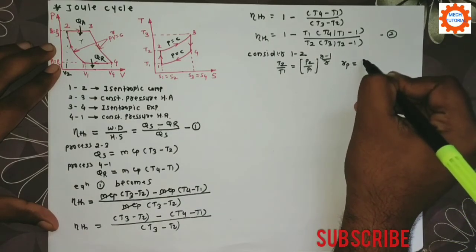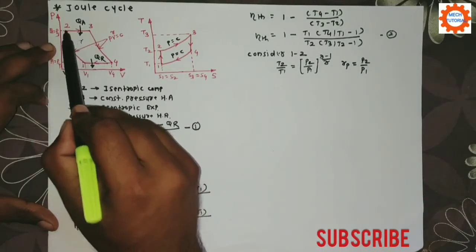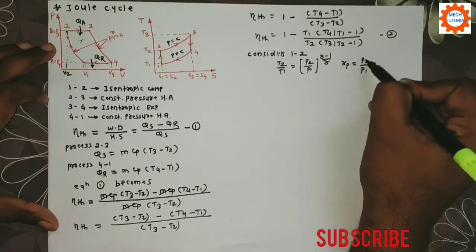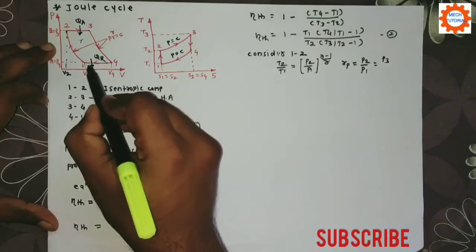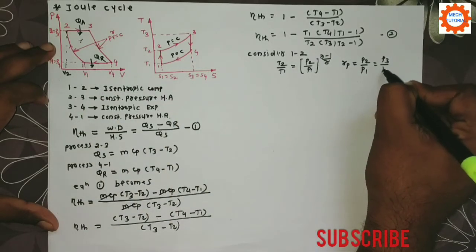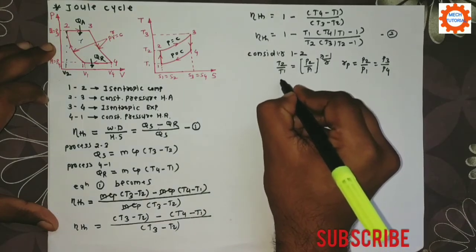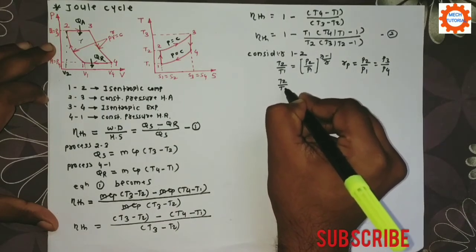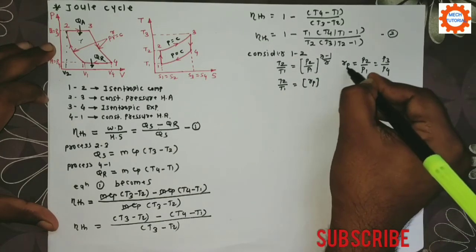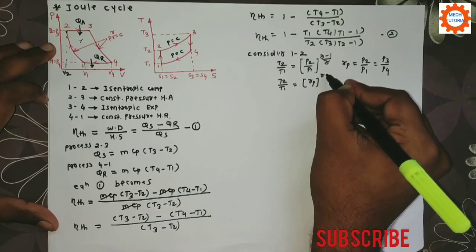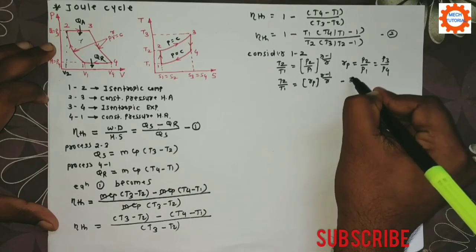Here P2 is equal to P3 and P1 is equal to P4, so we can write P3 upon P4. This is the pressure ratio. We can write T2 upon T1 is equal to Rp raised to the power (gamma minus 1) divided by gamma. We give this equation number 3.